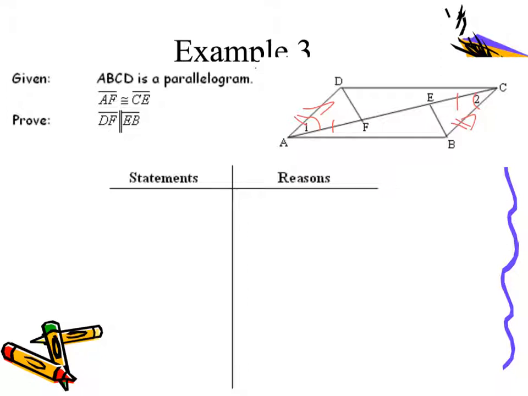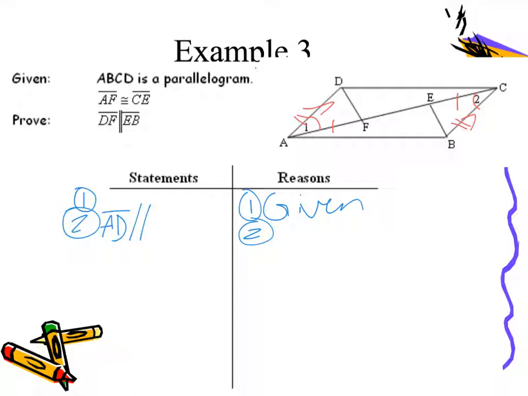Okay, let's do it. So I've got my given. Then I've got, let's see here. I wanted to prove that the opposite sides are parallel, so AD is parallel to BC. If it's a parallelogram, then opposite sides parallel.